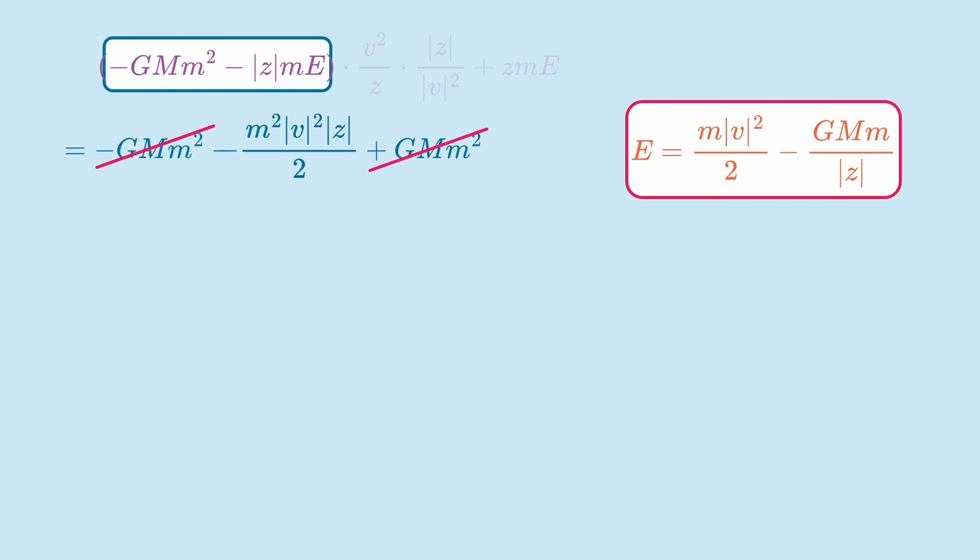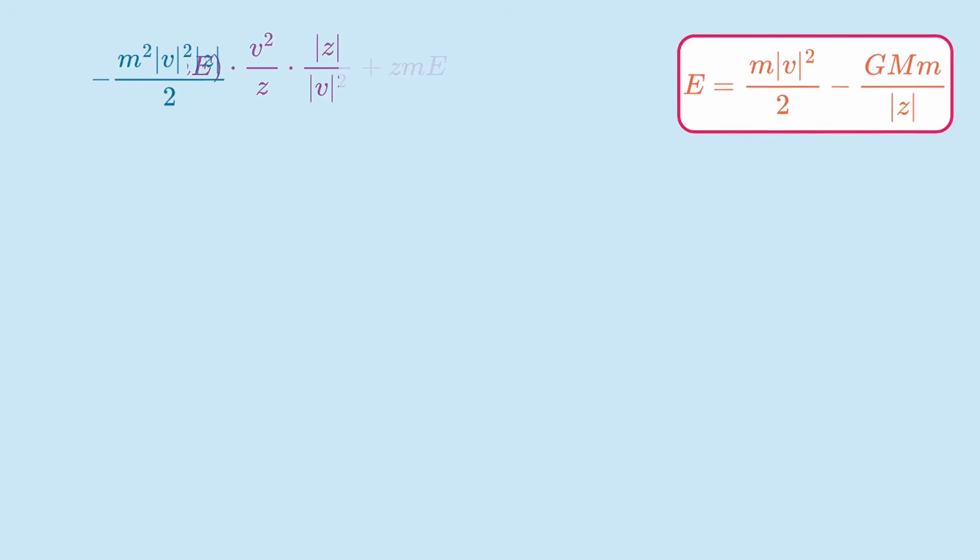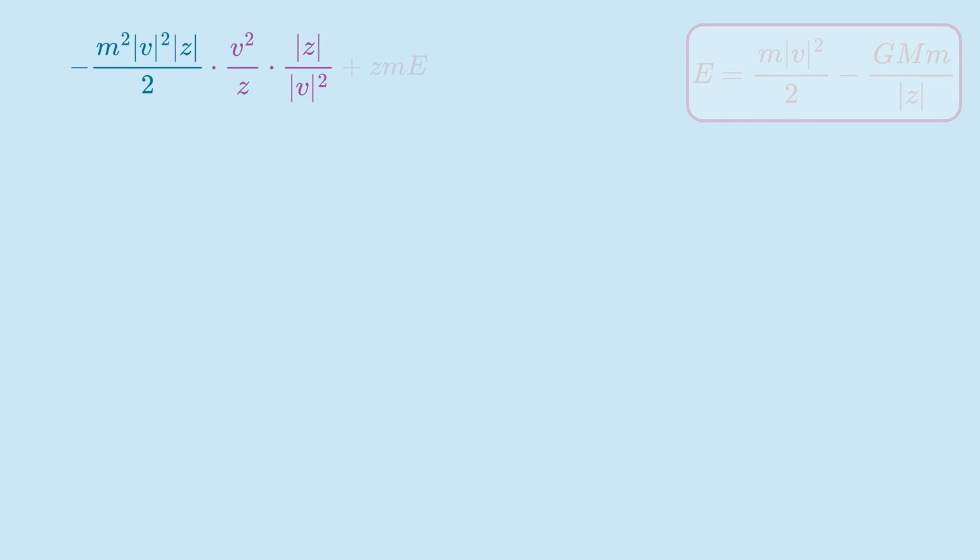We can then combine this remaining term with v squared over z and mod z over mod v squared. The 2 mod v squared in the numerator and denominator cancel, and the 2 mod z in the numerator can cancel a factor of z in the denominator to give the complex conjugate of z. So the first term is simplified to negative m squared v squared z star over 2.